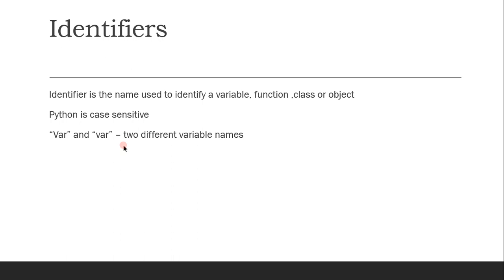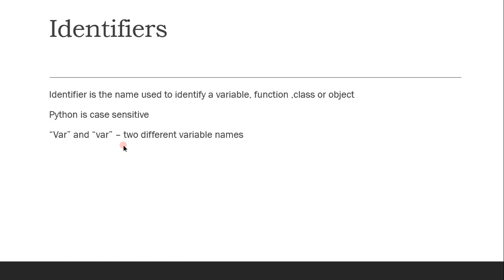Next is identifier. What are identifiers? An identifier is also a type of token. An identifier is the name used to identify a variable. When you declare a variable, you give a name to the variable, right? That is called an identifier. Python is case sensitive. This is one important thing we need to remember.